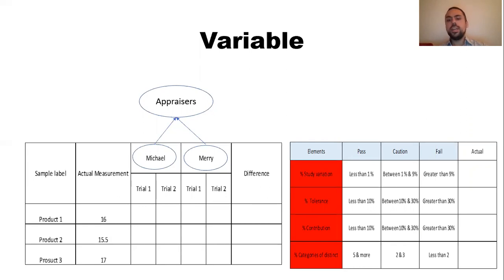Why? Because the number of distinct categories means the number of groups that our measurement tool is able to distinguish. So the higher this number, the better. But if it's less than 1, it's nothing. It's a fail. It means there is a problem in our measurement system.